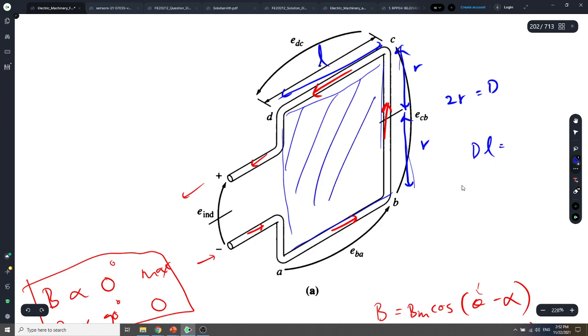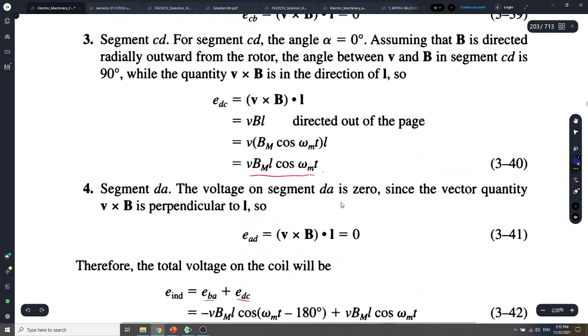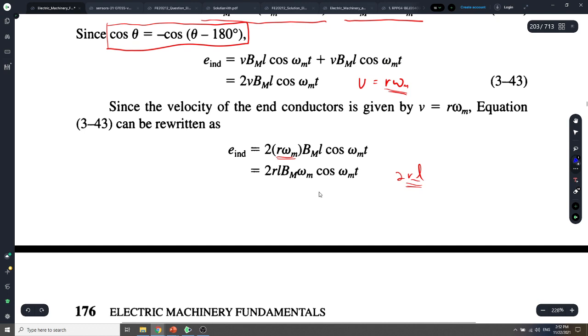This area. Okay. So dia jadi area. So area dia akan gantikan dengan, so kalau kita tengok kat sini 2RL. 2RL ni akan jadi A BM lah omega cos omega T. So AB ni kita boleh gantikan apa?